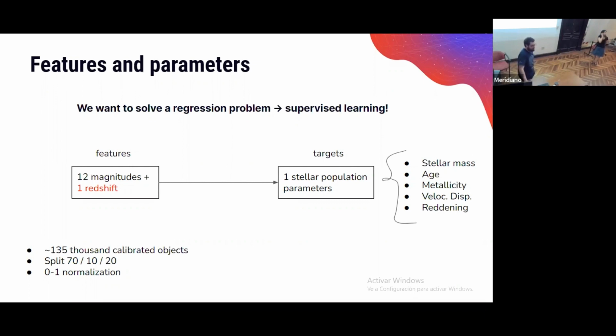The precision of the result depends on the morphology of the galaxy, because they are very different. I think we could increase the range of features for a lot of other things. We could consider the morphology, we could consider even the position if you want, or other magnitudes.